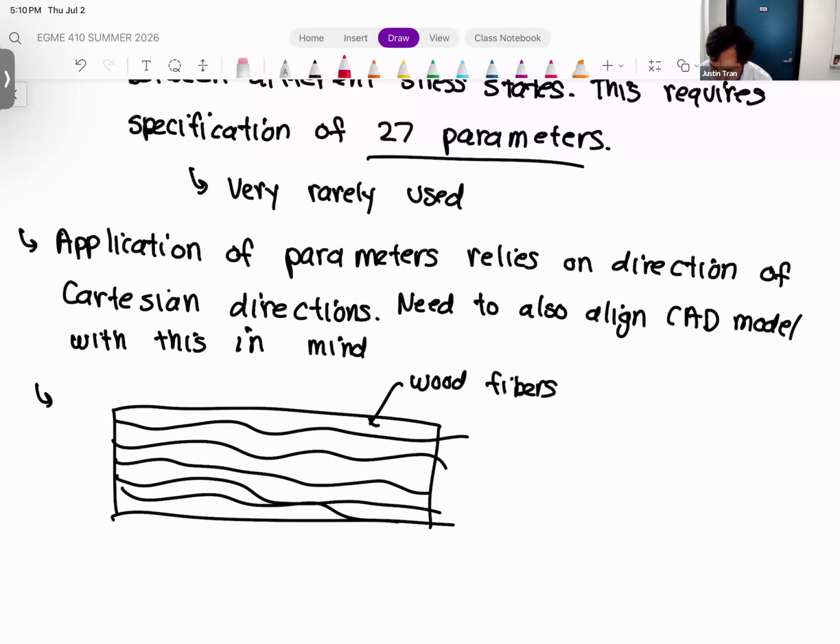So when you're importing your CAD model, you want to make sure that the X direction of what you import is in this direction here. And then when you put the material properties into the software, it's also in that direction.